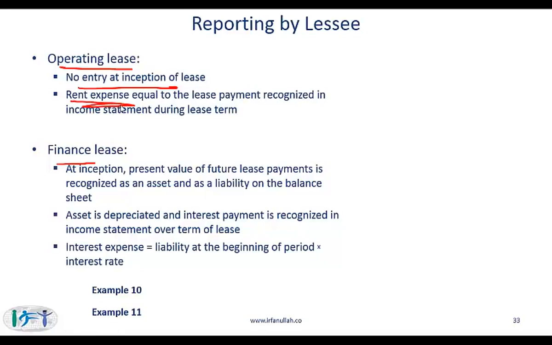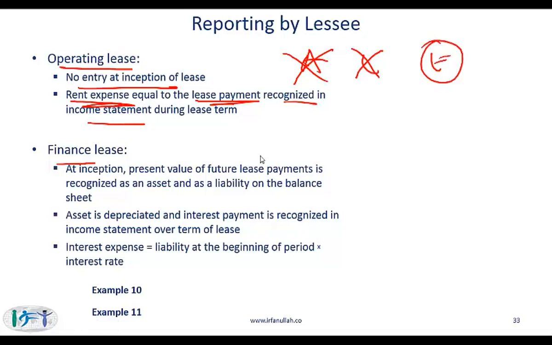But for every period, you show a rent expense, which is an operating expense, equal to the lease payments. And this expense is shown in the income statement for every period. These would be period expenses. Note that we do not have the creation of any assets and any liabilities, so there is no impact on equity.